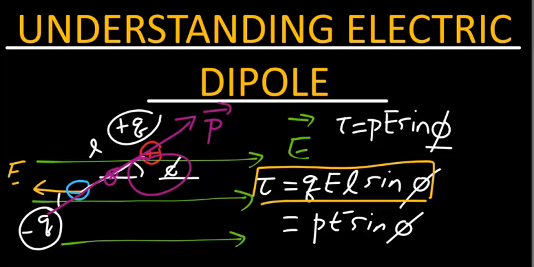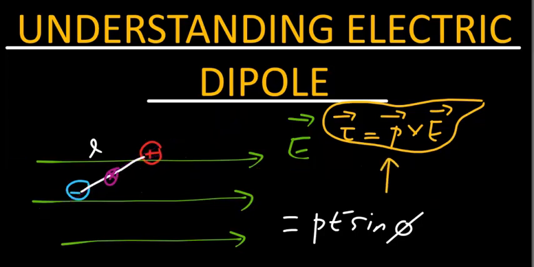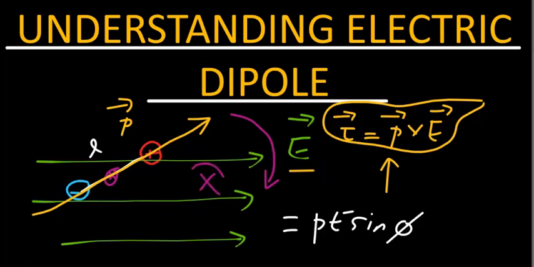In vector notation, it simply becomes the cross product of the electric dipole moment vector and the electric field, tau = P cross E. Now let's look at the direction of the torque according to the cross product. It goes from vector P to vector E. When you curl your right hand fingers from P to E, you will notice your right hand thumb pointing into the board.